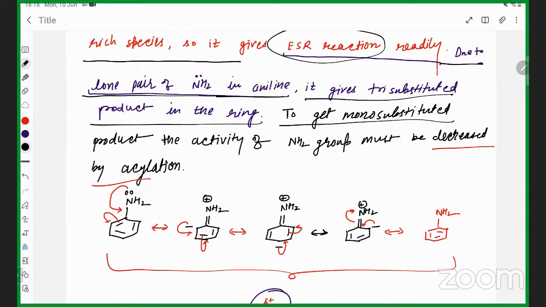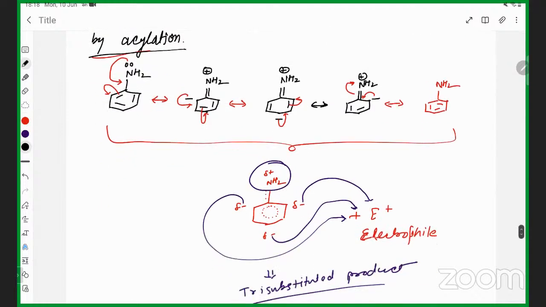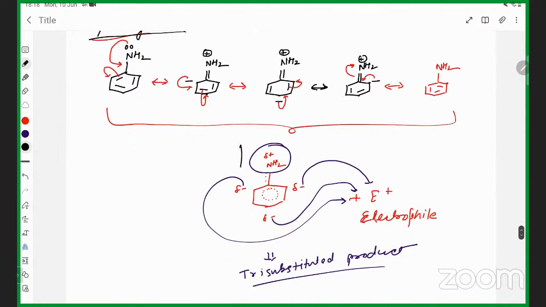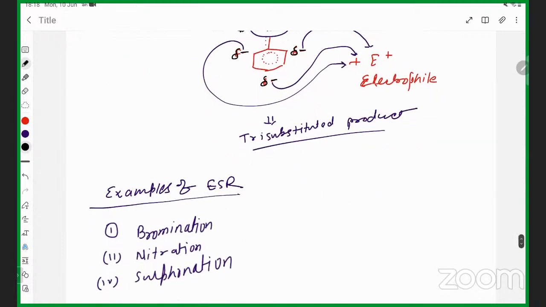To get a mono-substituted product, the activity of the NH2 group must be decreased by acylation. Since it is increasing the electron density, it is going to give the tri-substituted product. Can you see this? So this is giving the tri-substituted product.